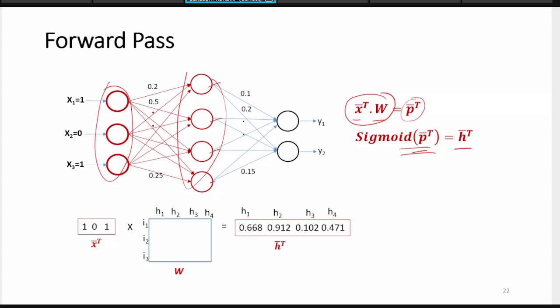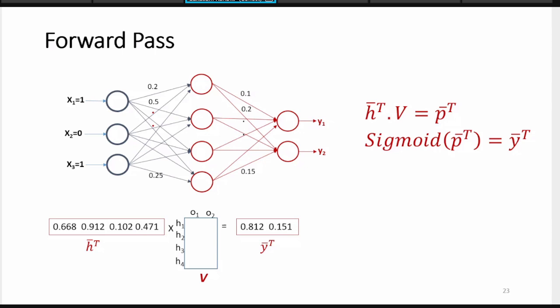Similarly, the next layer is again the product of the output of the hidden layer and this V matrix, which produces the perceptron output vectors, then you apply sigmoid and get the output. So this is the forward pass.